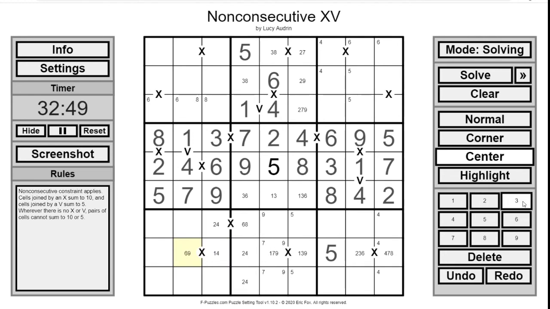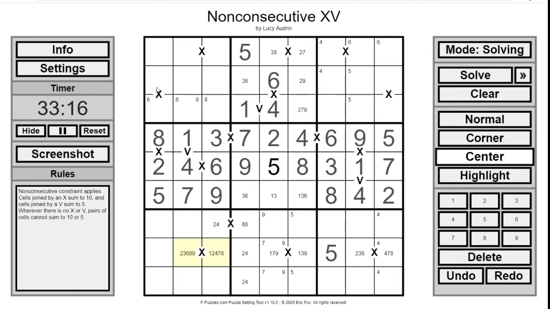Could be 3, 7. Could be 1, 2, 3, 4, 2, 8 in any order. Wow. That is a monstrosity.